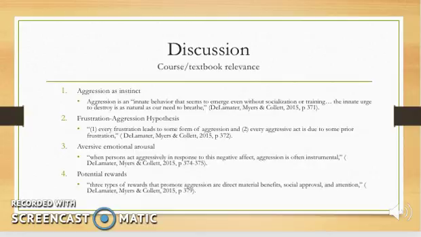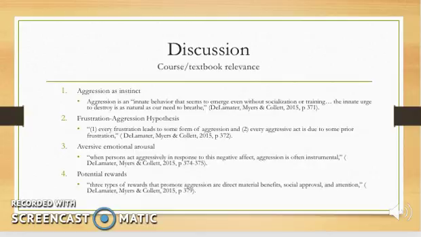The next one is the frustration-aggression hypothesis, which explains that every frustration that we feel leads to some sort of aggression. And also, every aggressive act is due to some frustration in the past. The next reason is aversive emotional arousal.